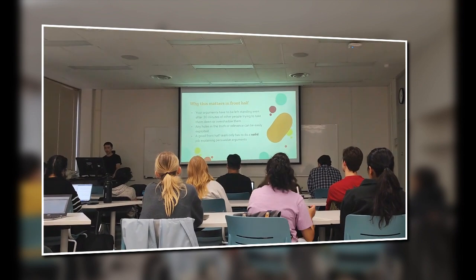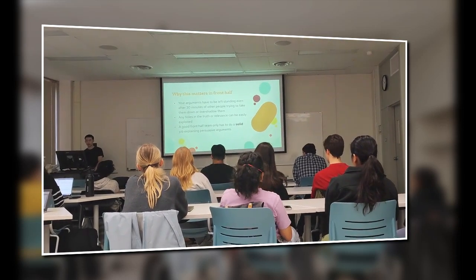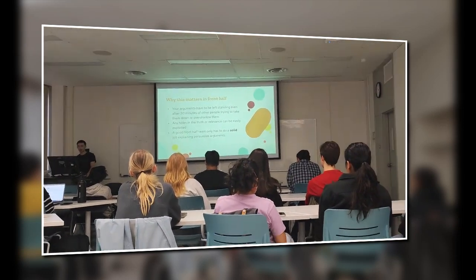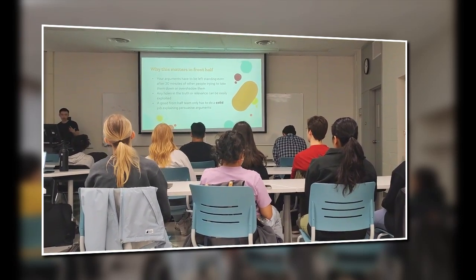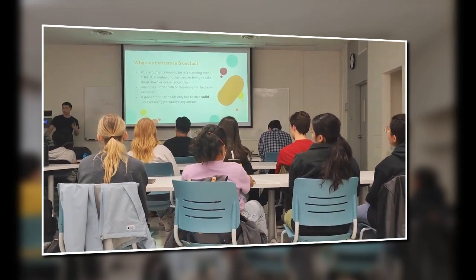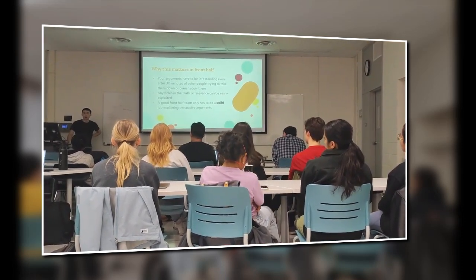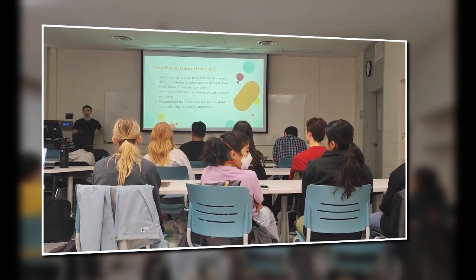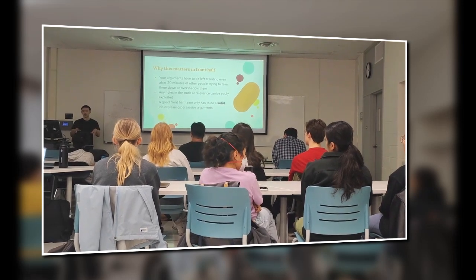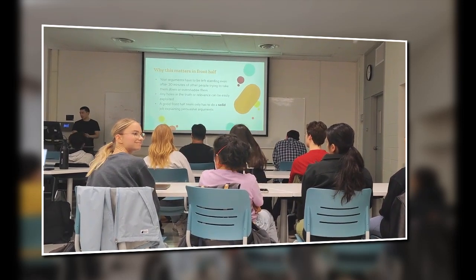Why does clashing matter for front half? Essentially, as a front half team, your arguments have to be left standing, even after 30 minutes of other people arguing back and forth on the same topic.